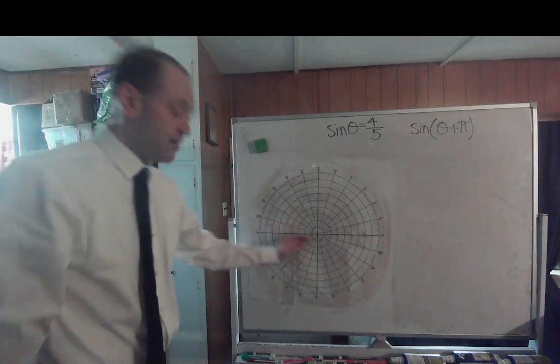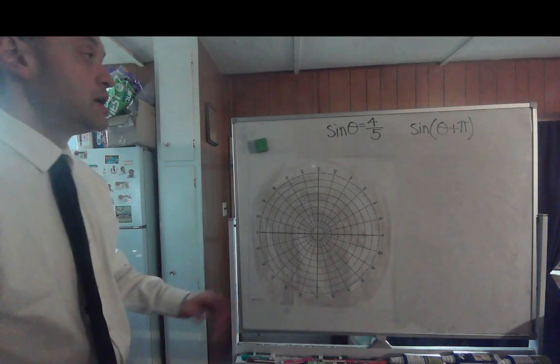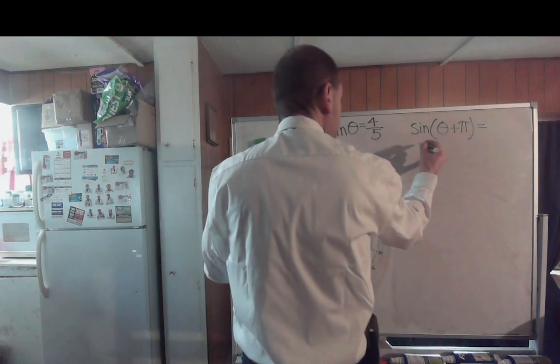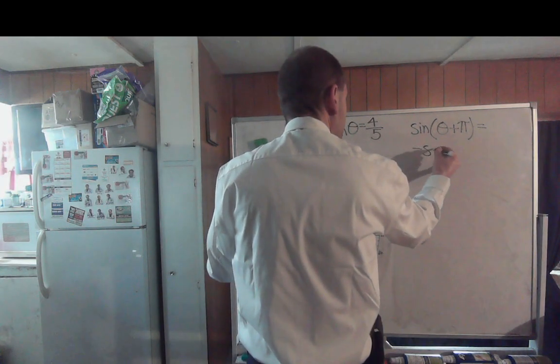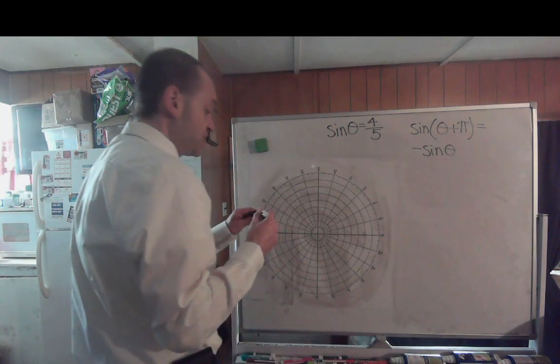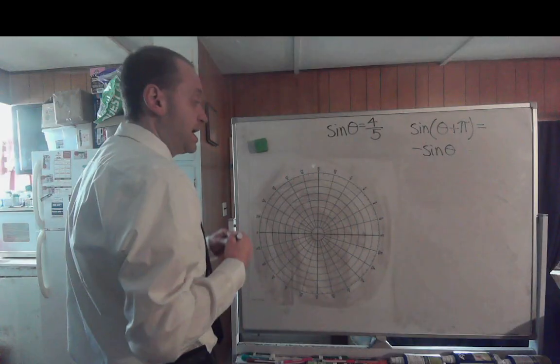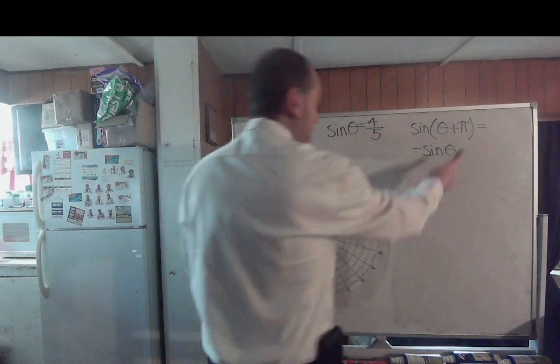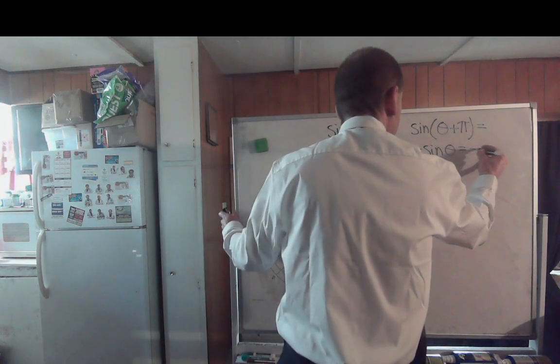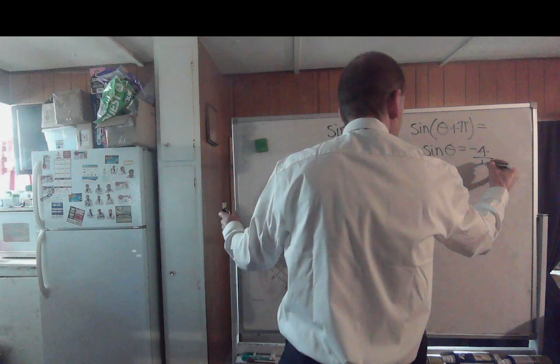I'm going to end up halfway around the circle. Well, that is going to be the same thing as negative of the sine of theta. So for a sine function, adding pi makes this a negative, which would end up giving you negative 4/5.